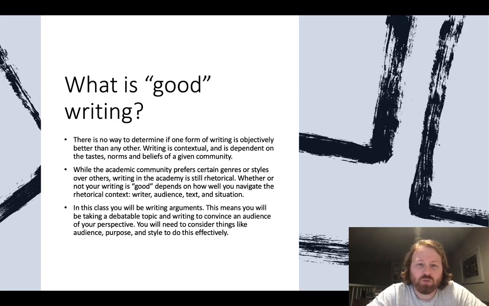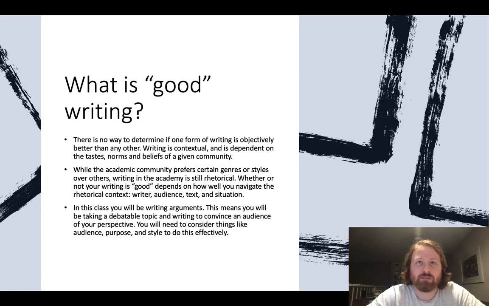Now, what we can do is we can look at, okay, what does this community view as good writing, right? So we can take the academic community, for example, and we can say, okay, well, what does the academic community usually value in good writing, right? Or we could take the business world, right? What does professional writing look like? We could split this up even further, right?